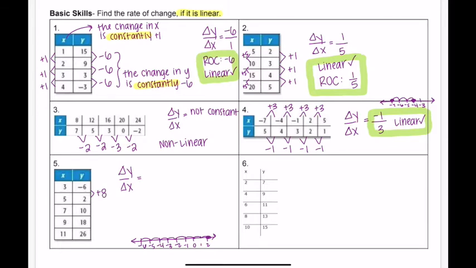Now from 2 to 10 is +8, so our change in y is +8. You don't necessarily have to put the plus in front. Then the change in x is 2. So our rate of change is 8 over 2, but that can be simplified. If you can simplify the fraction, you want to do that. That simplifies down to 4. And since our rate of change was constant, this is linear.